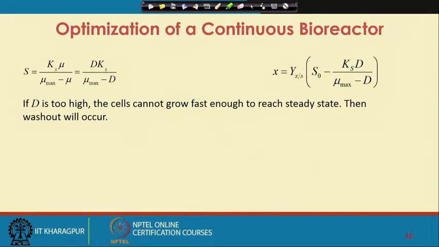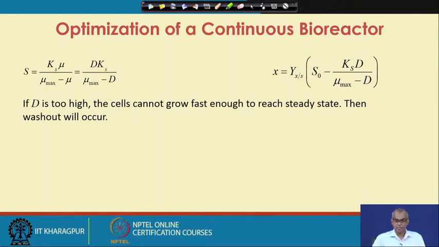Note that the D influences both biomass concentration X as well as substrate concentration S. If the dilution rate D is too high, the cells cannot grow fast enough to reach steady state. Suppose the dilution rate is very high.